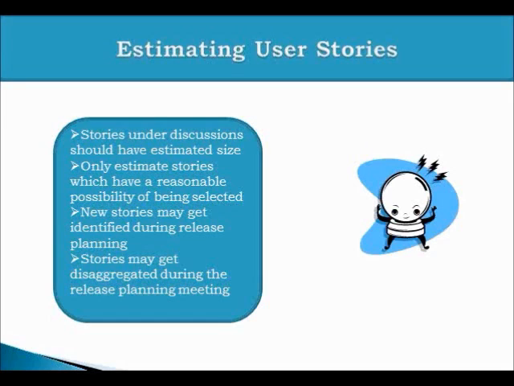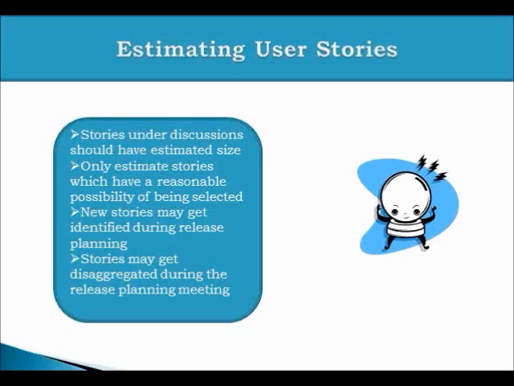Now, before we produce the final release plan or before we take the final prioritization decision, we need to have estimated stories. It is recommended to have estimated stories before we get into the release planning meeting because the estimation itself takes a long time.